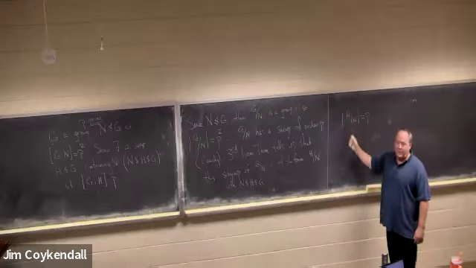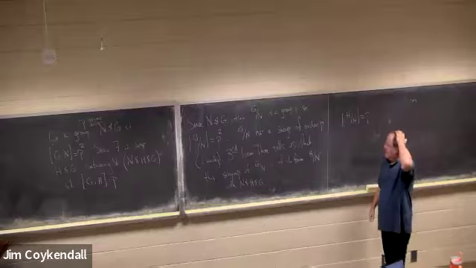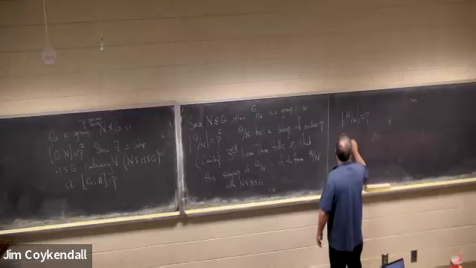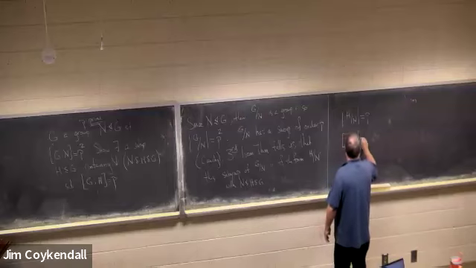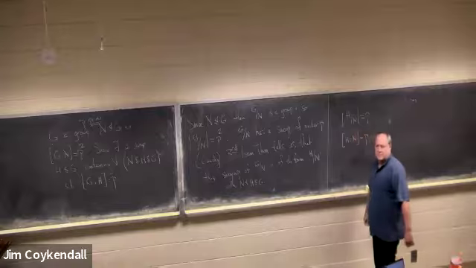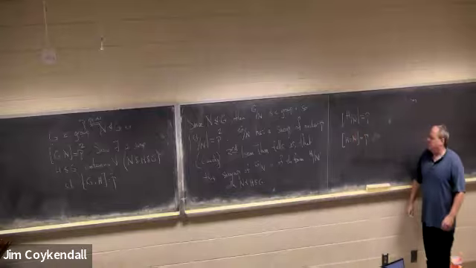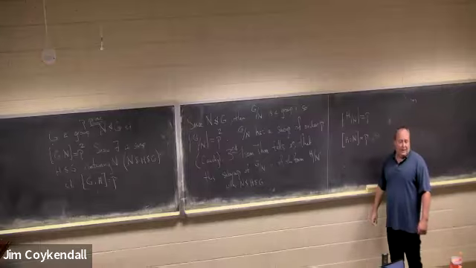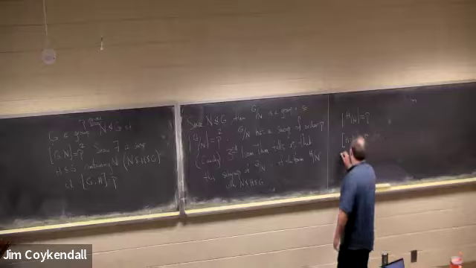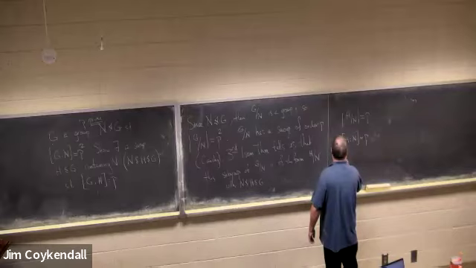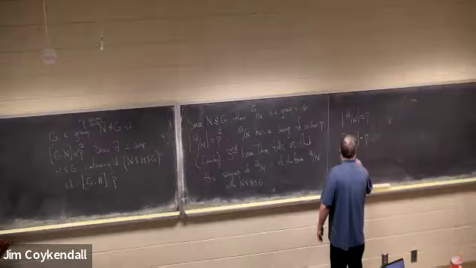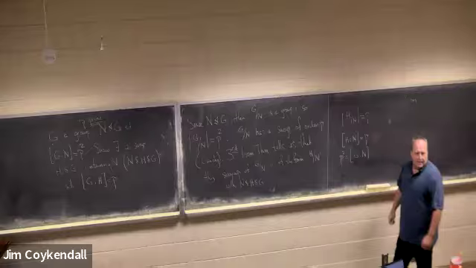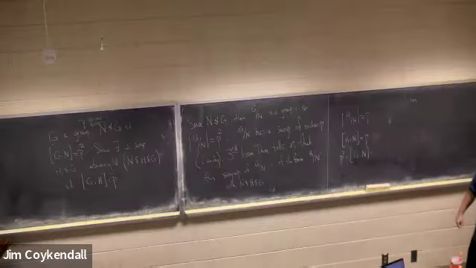We know it takes this form by the third isomorphism theorem. So that means the index of N in H is P. That's the number of left cosets in H. We also know that P squared is the index of N in G. And how can I break that down?